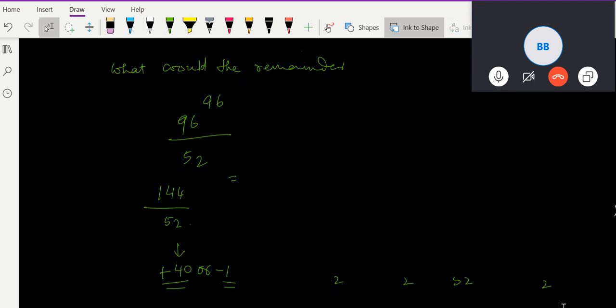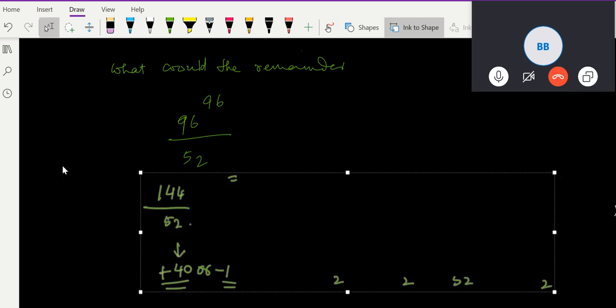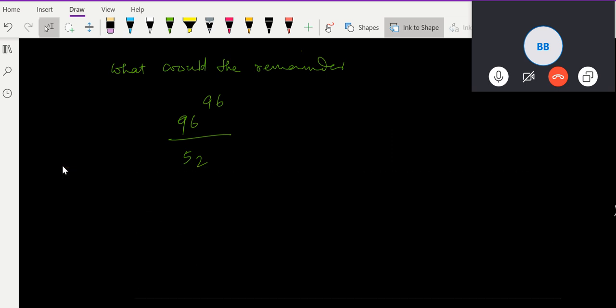See, the logic is very simple. Just keep in mind that we will use the remainder as positive or negative depending on which is smaller in magnitude. That is the concept, right? So 96 by 52 gives us a remainder of plus 36, right?